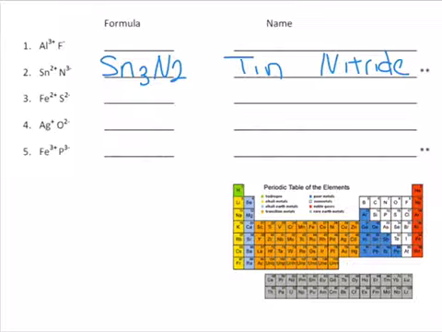And tin, notice where it's at on the periodic table. It's over here. Oh, new color here. It's over here. We don't have a rule for that, so we're going to go ahead and put in our Roman numeral 2 in the name.